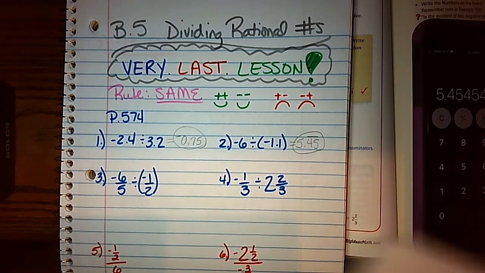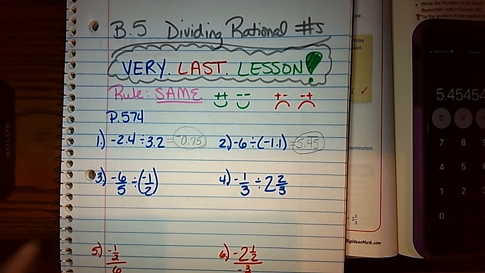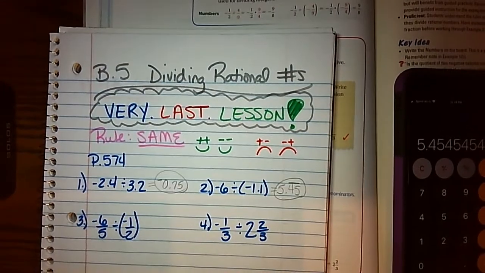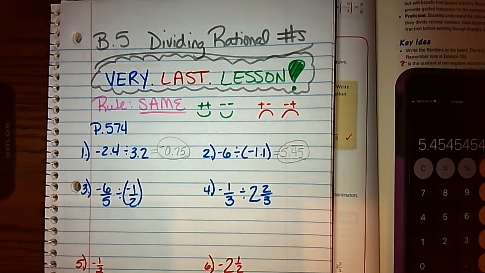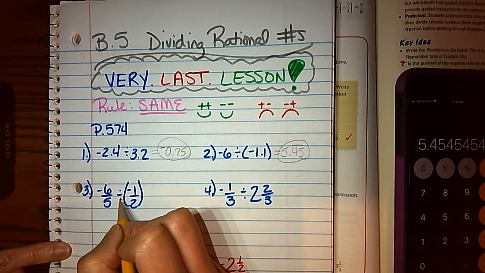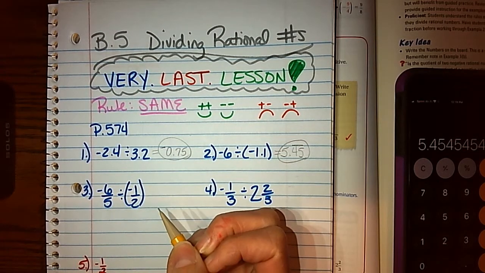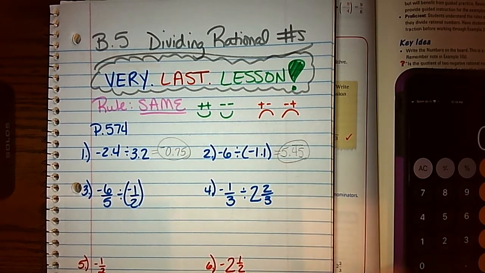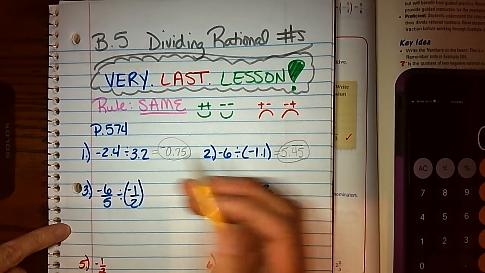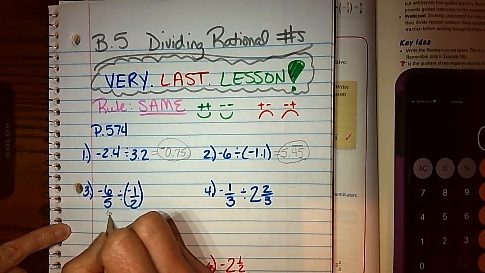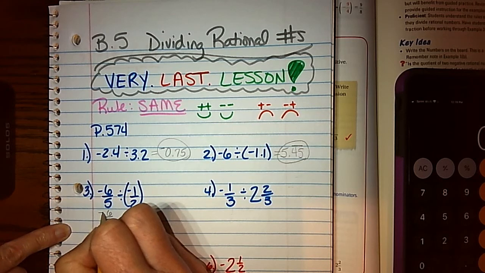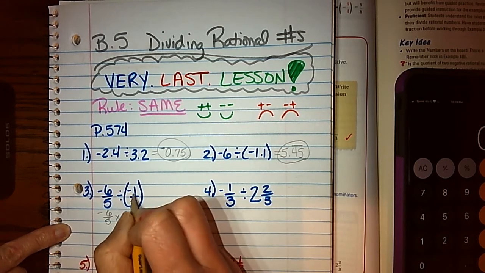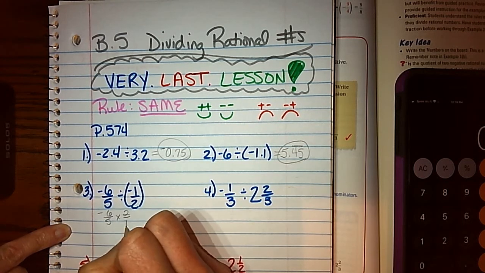3 and 4, we have fractions, so my calculator is not going to be any good. So remember the three magic rules when we're dividing fractions. Keep, change, flip. So keep this the same. Multiply by the reciprocal.